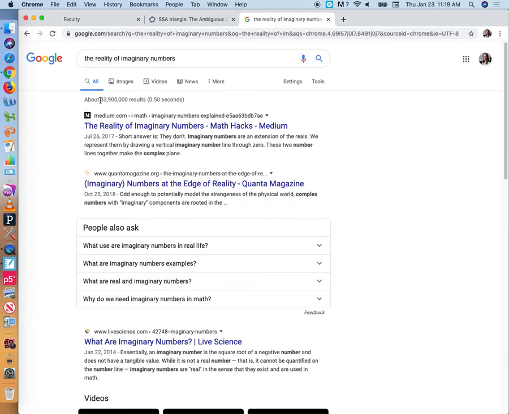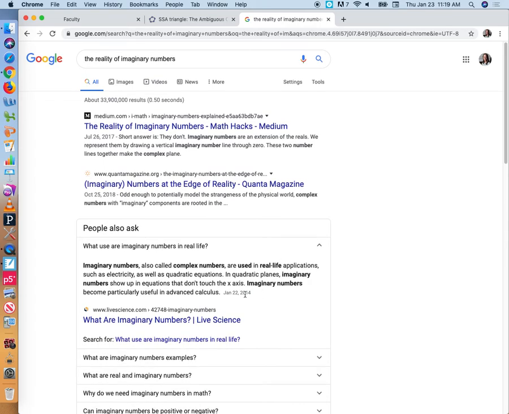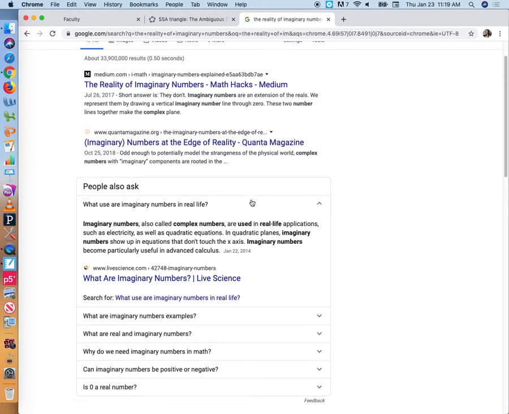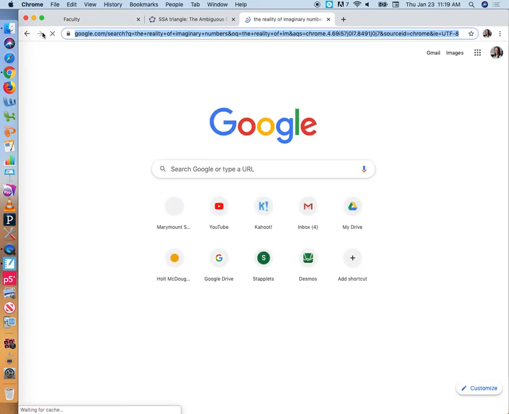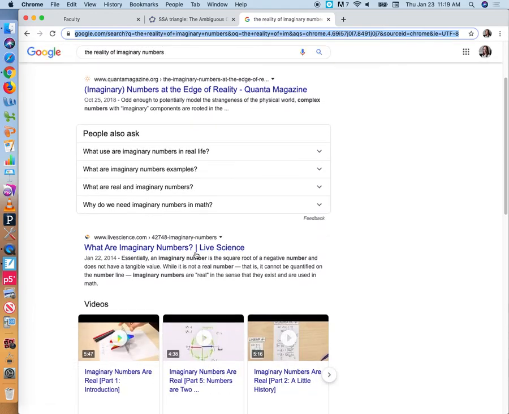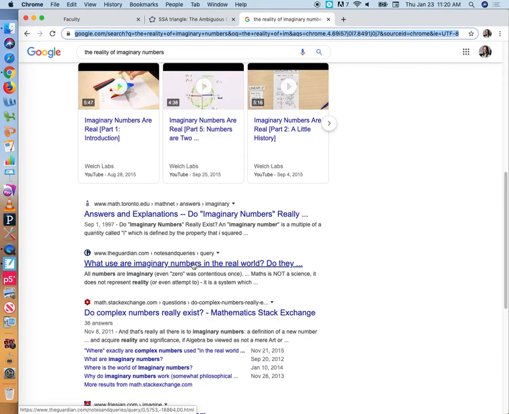All right, I'm not going to go to all of these, but I'm going to go down to this one. What use are imaginary numbers in real life? In addition to art and music... Which one did I click on?